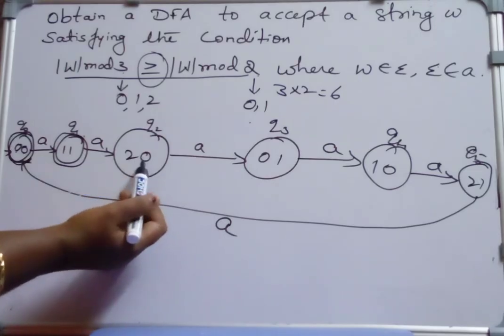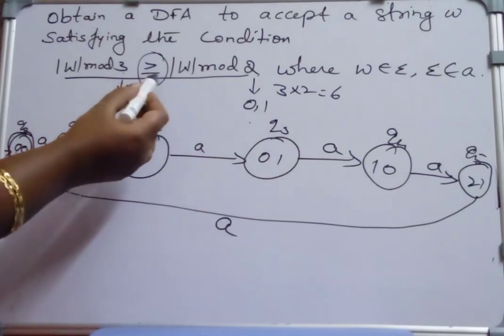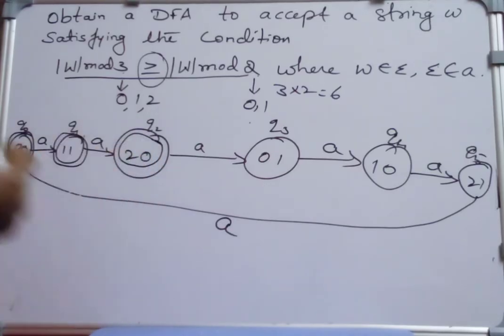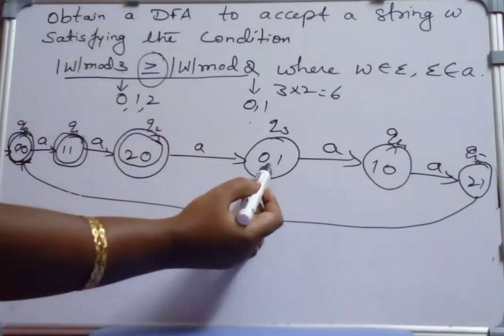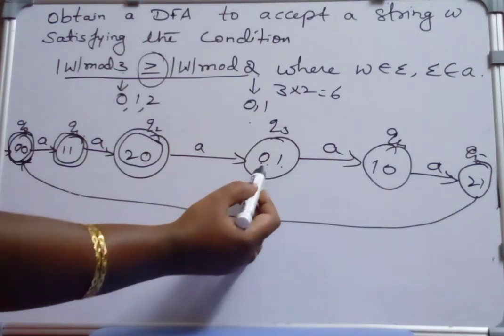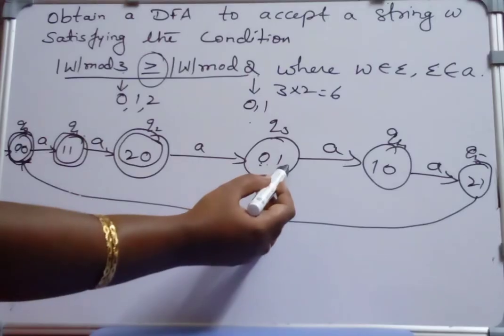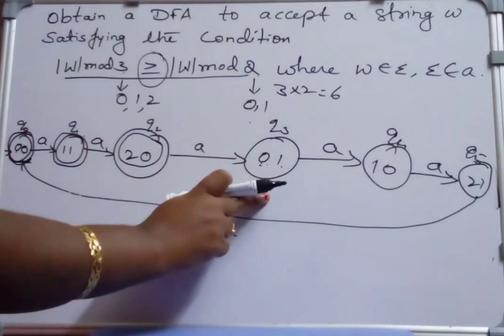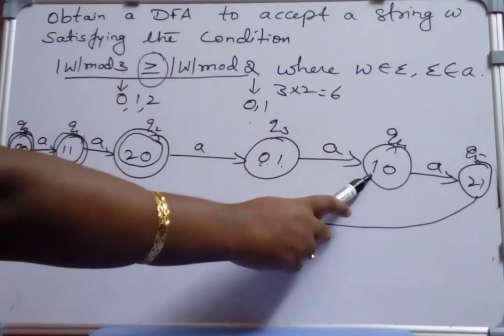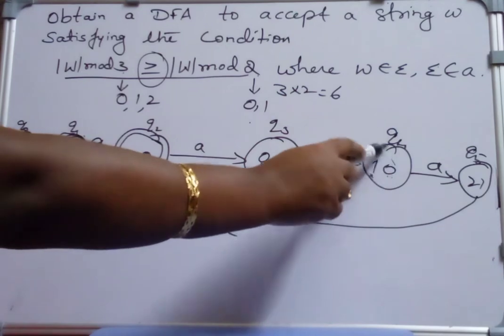And see Q2, the condition W mod 3 greater than W mod 2 holds. So this state also will be a final state. And see here this remainder, this is mod 3 remainder and this is mod 2 remainder. Mod 3 remainder 0 is less than 1. So this will not be a final state. But here if you see mod 3, that is 1, and this is mod 2 remainder 0. So here 1 is greater than 0.